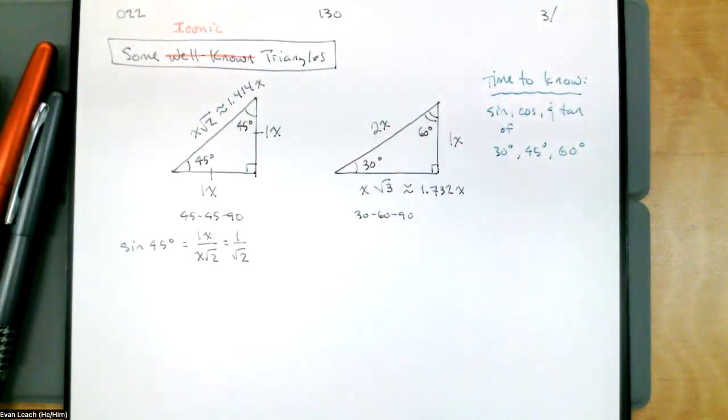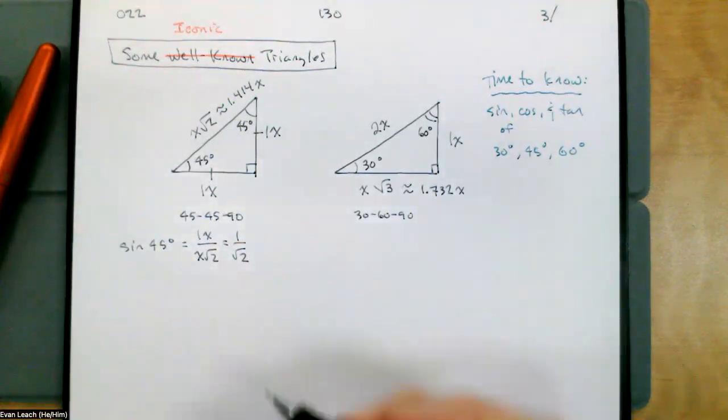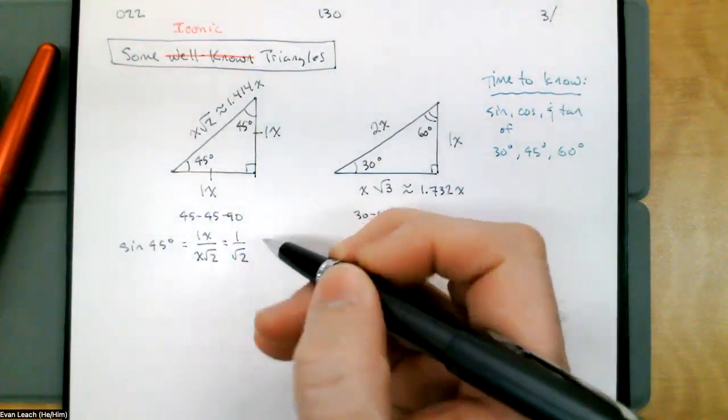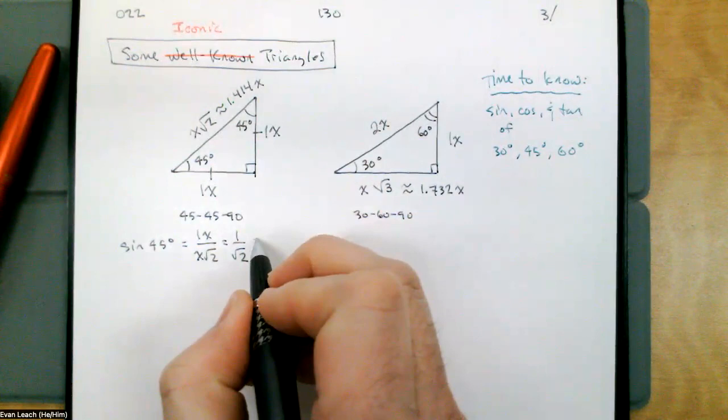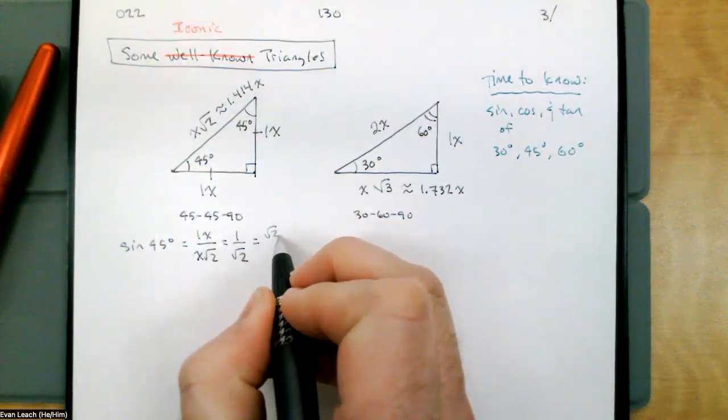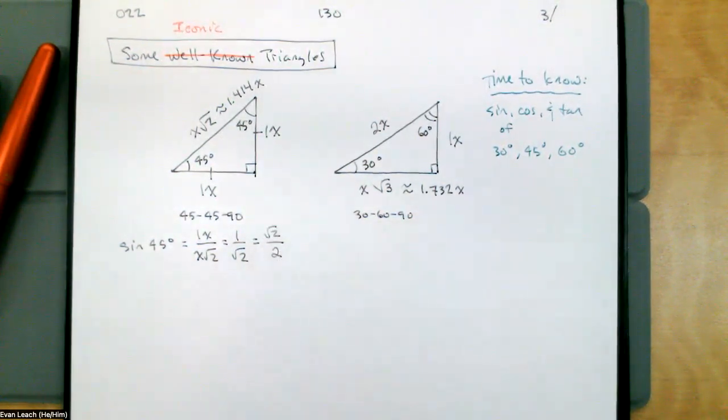You may or may not remember from algebra that it's not simplified if there's a radical in the denominator. That's not considered simplified. So we have to rationalize the denominator. So instead of 1 over the square root of 2, you might see this written as square root of 2 divided by 2.